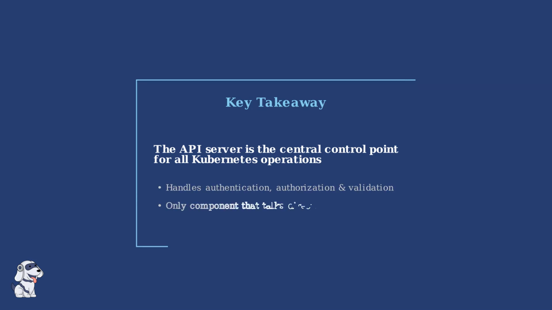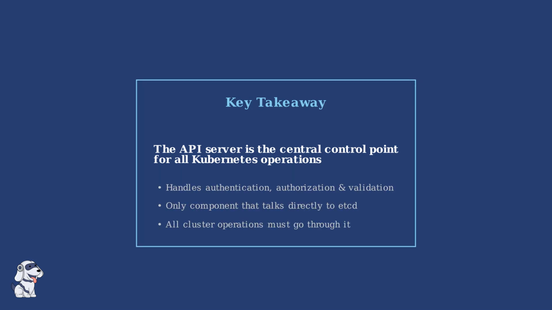This analogy perfectly captures how the API server works. It's the central control point that manages all cluster operations, enforces security and validation rules, and maintains the authoritative record of your cluster's state. Remember this key takeaway. The API server is the central control point for Kubernetes.